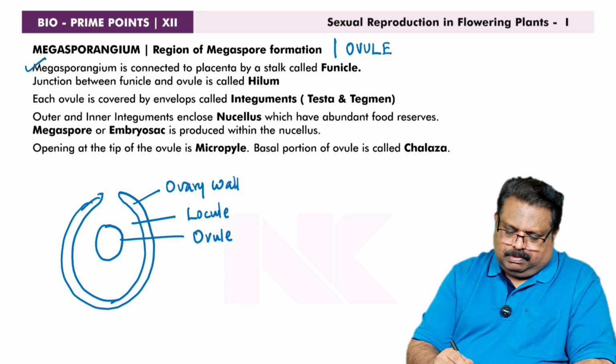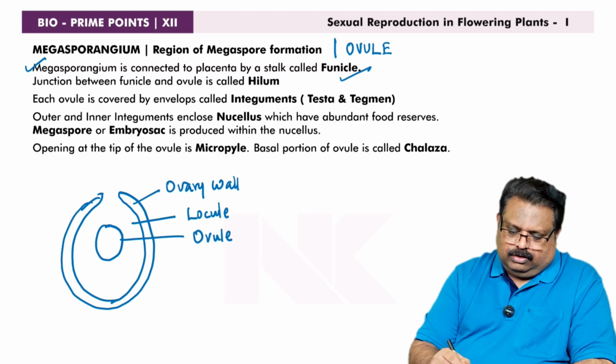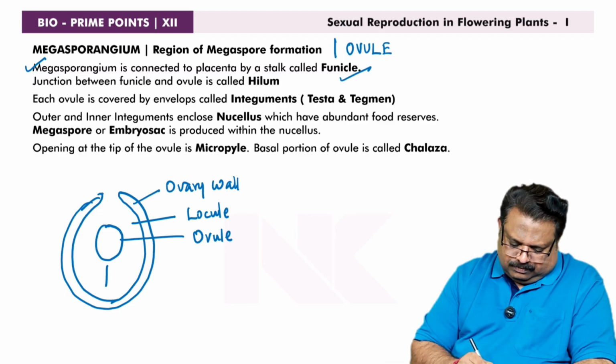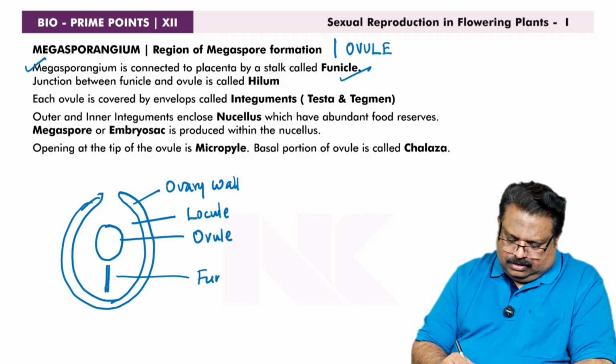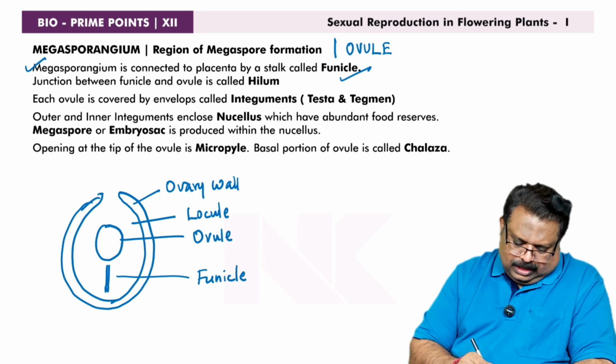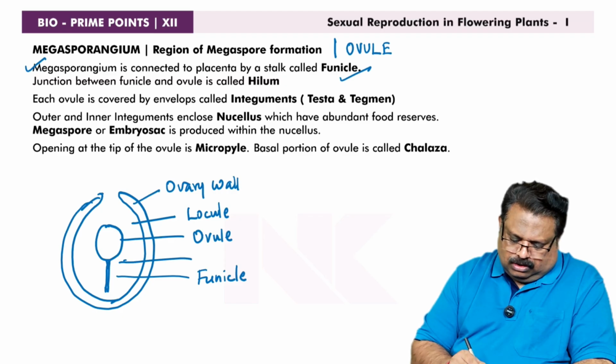Megasporangium is connected to placenta by a stalk called funicle. The junction between funicle and ovule is called hilum. So here there is a stalk. The stalk is called funicle. Funicle is the stalk of the ovule. The funicle attaches to the ovule at a point. That point is called hilum.